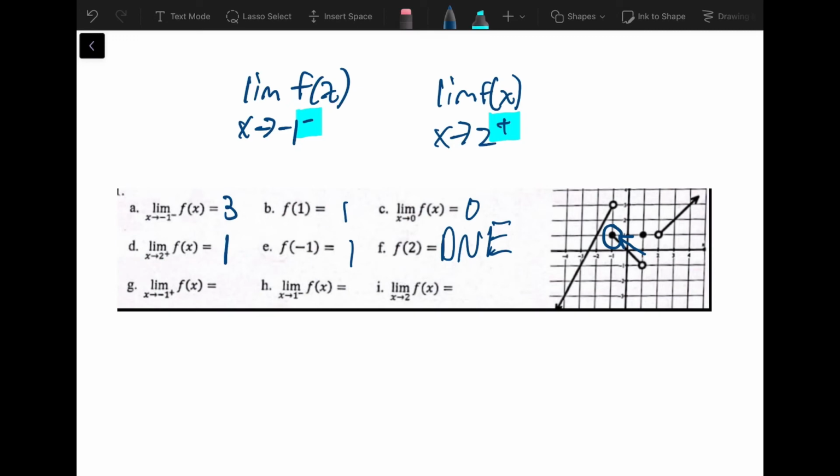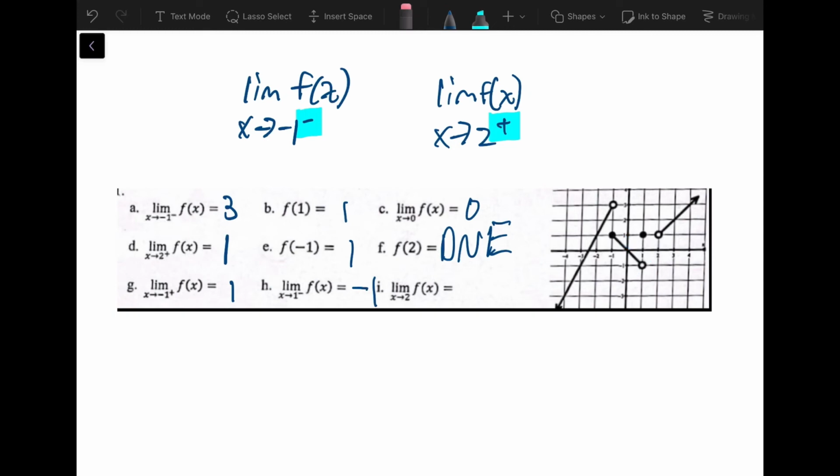I'm sorry, it is 1. And then letter H. What is the limit of f of x as x approaches 1 positively? So now we're coming down this way. So we can see that is -1.